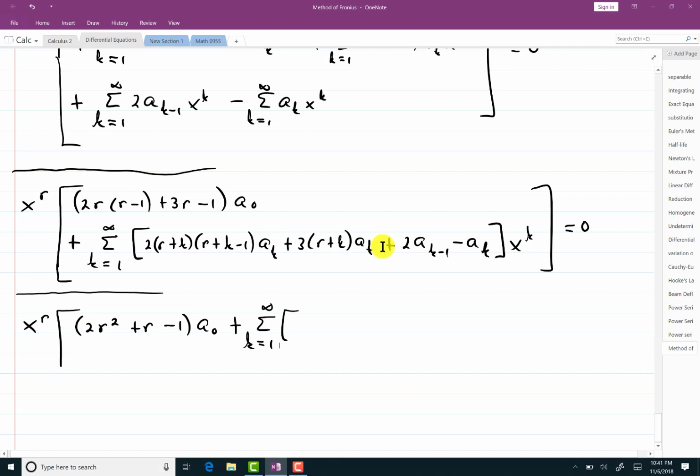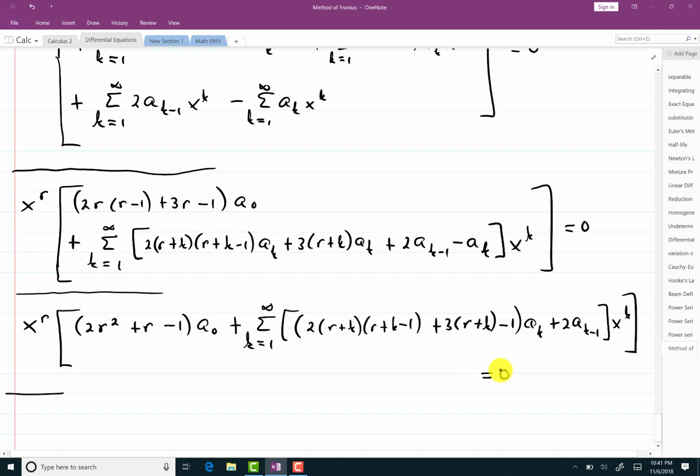Let me get all the a sub k's in here: 2 times r plus k times r plus k minus 1, and then plus 3 times r plus k, sorry, and then minus 1. All that stuff is attached to a sub k, and then I have plus 2 times a sub k minus 1. That's attached to x to the k. And this is all equal to 0.